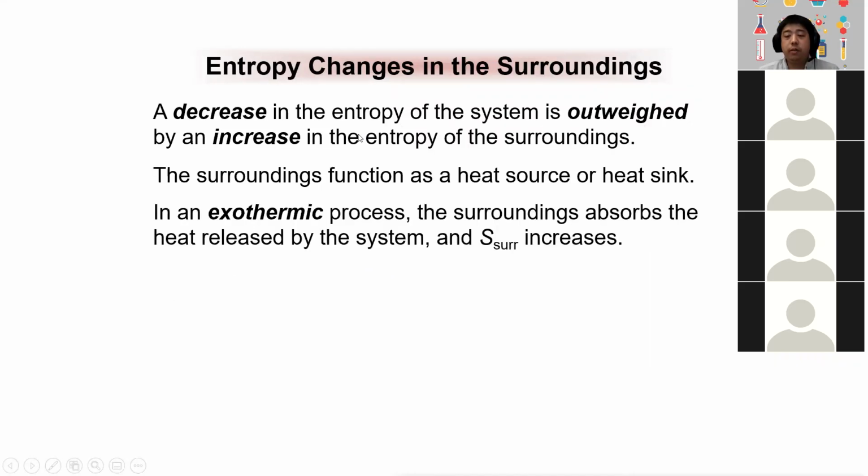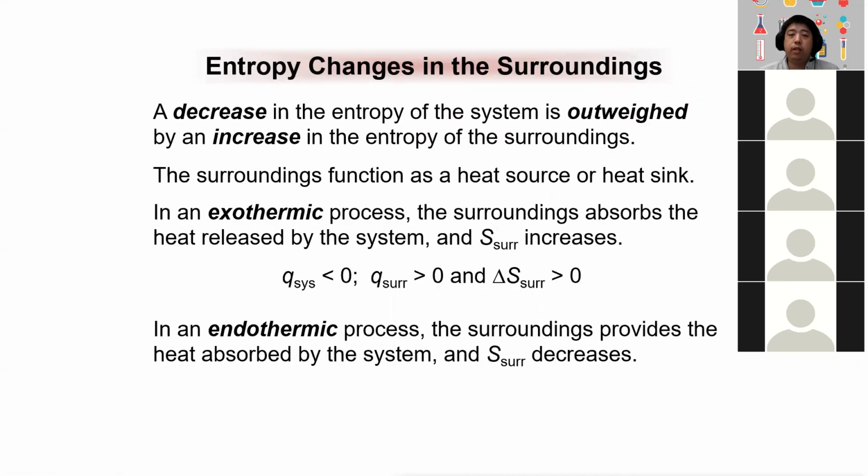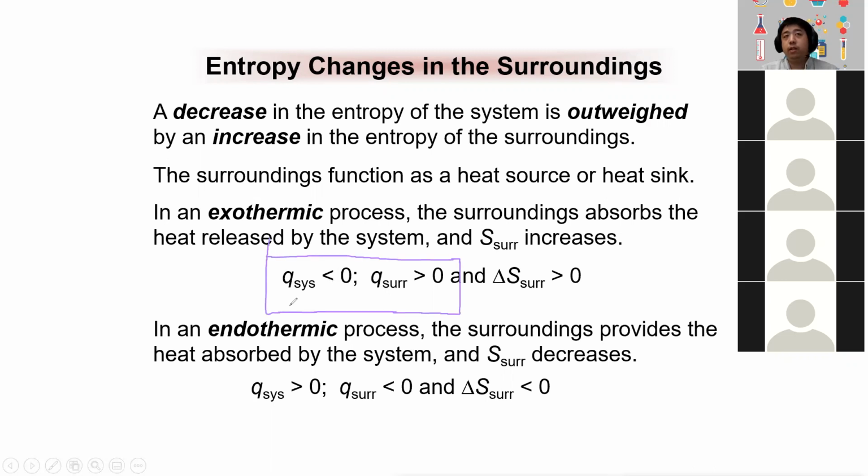So just as I mentioned, if you change something with the system, you also indirectly affect the surrounding. If we're looking at heat here, this is negative, right? This is your delta H. So Q is the same thing as if I'm looking at heat. So my delta H is negative. Is that exothermic or endothermic?